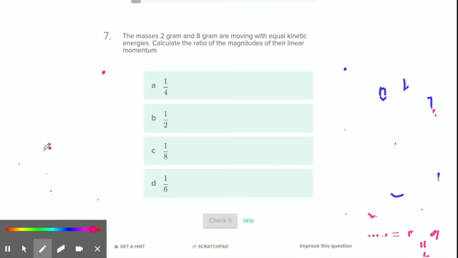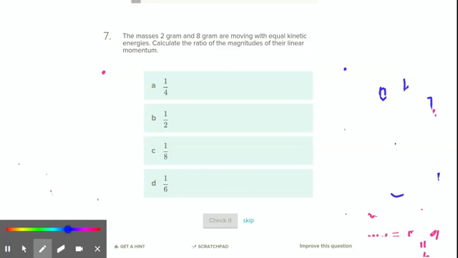All right, so the next question. The masses are 2 grams and 8 grams, moving with equal kinetic energy. Calculate the ratio of the magnitude of their linear momentum. So the ratio is a fraction.